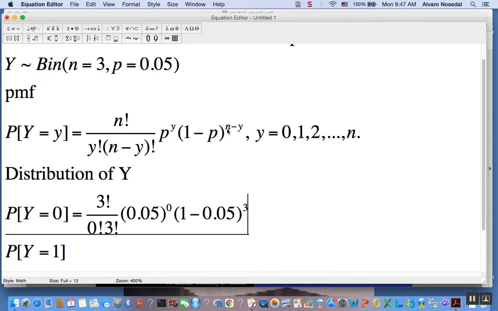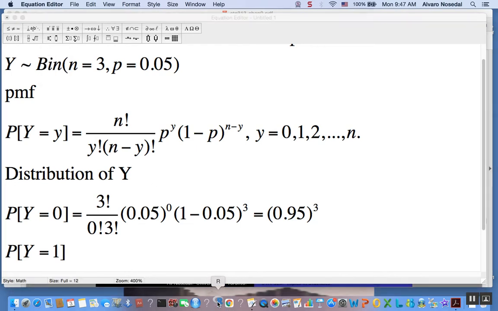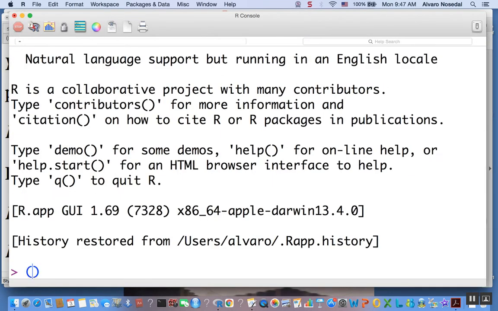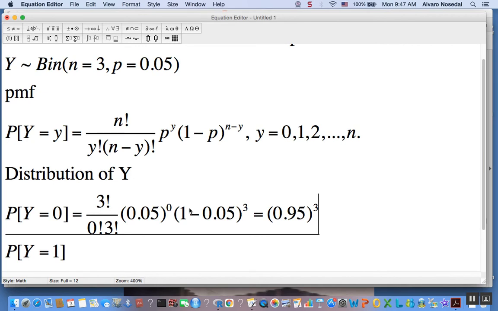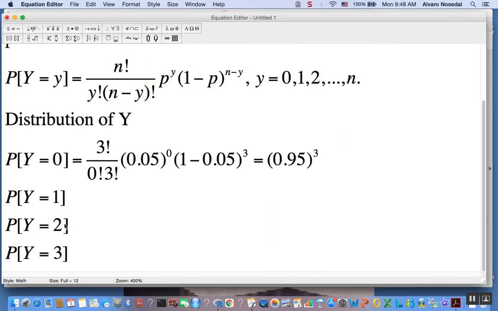Because we have 3 minus 0, so 3. So in the end, this is the same as 0.95 cubed. And we could do the same with the others. We could plug into the expression of the probability mass function and find the remaining 3 values of the distribution of Y.